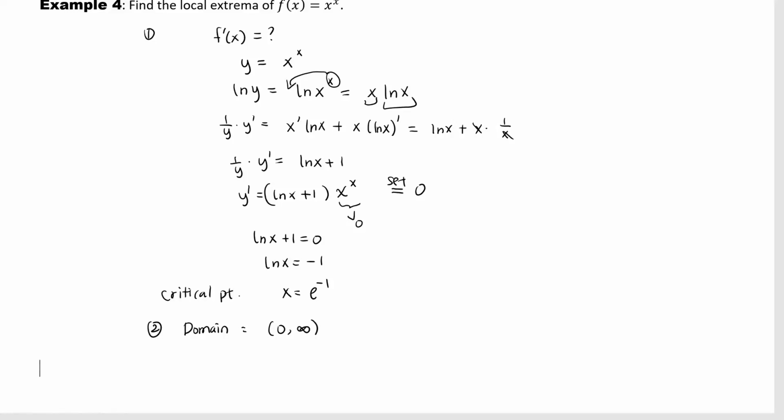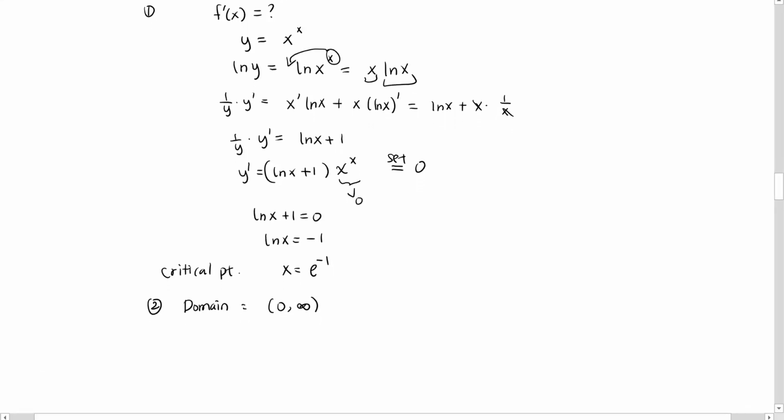Why is that? You cannot have a negative number because then your exponent could be 1/2, right? Then you're going to have square roots of a negative number. That's not real numbers, that's complex numbers. Okay. All right. So we have the domain.